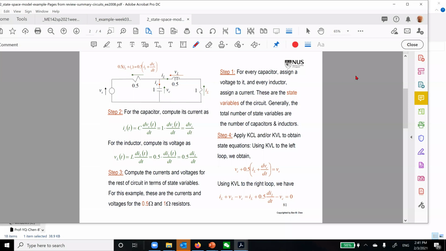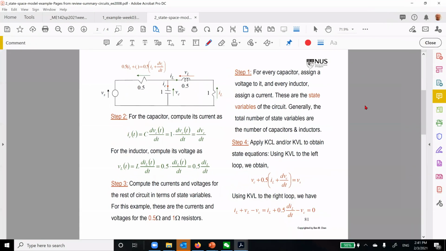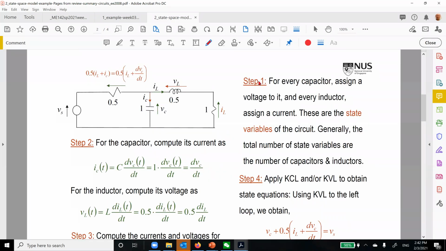So this is an example we are seeing here. Can you see this one clearly, especially those small signs? You have a source, and you have a resistor, a capacitor, and an inductor.